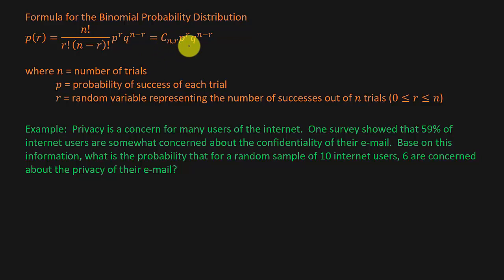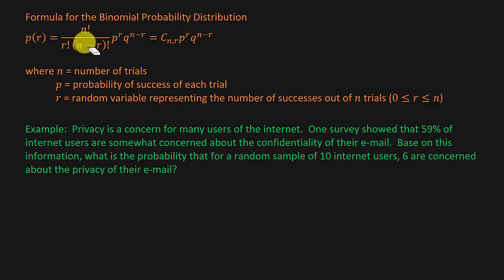So you can see here that we have this part of the formula, which is right here. And then this part right here, all that is combination N choose R. That's all it is. If you remember back when you studied permutations and combinations, it's combination N choose R. And remember, that's the formula for combination.